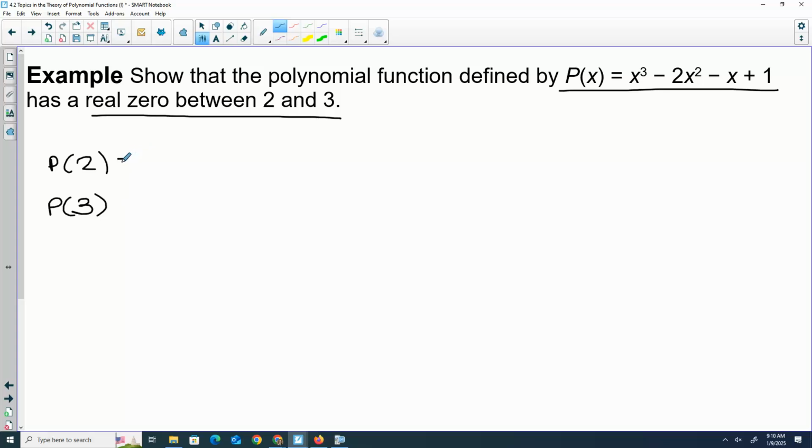So when x is 2, what do we get out? Use a calculator if you need to. -1, I believe. Double check me. Okay. Then we plug a 3 in. If you put a 3 in for all the x's.